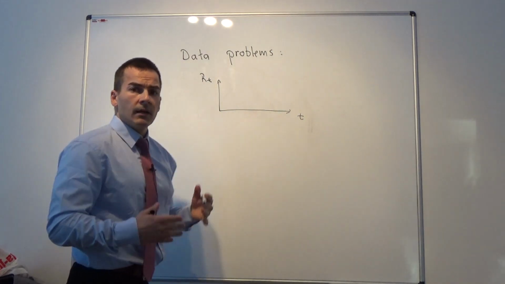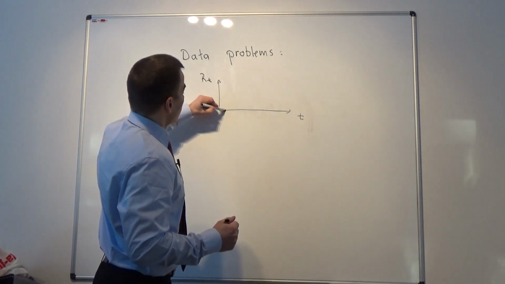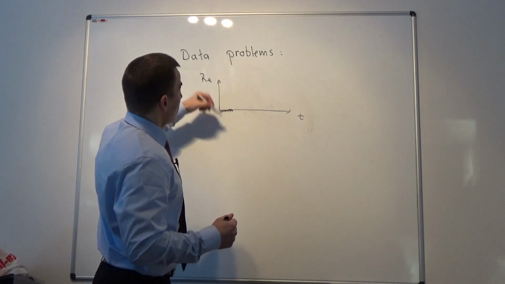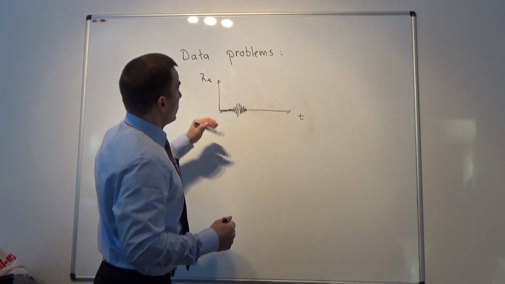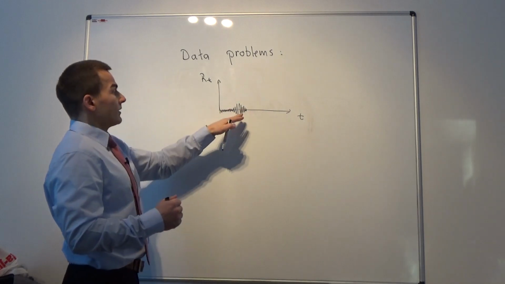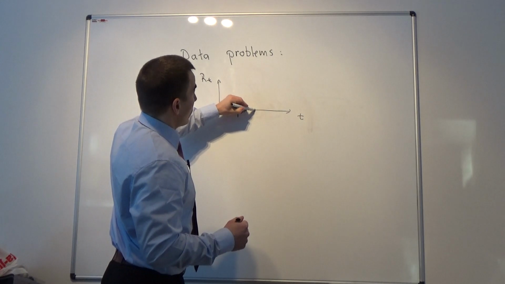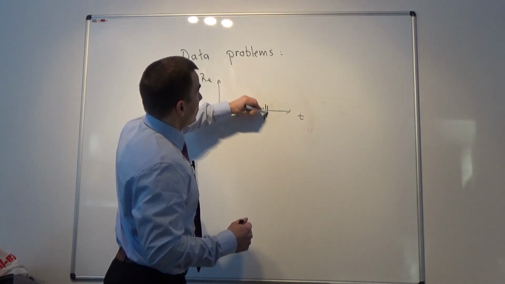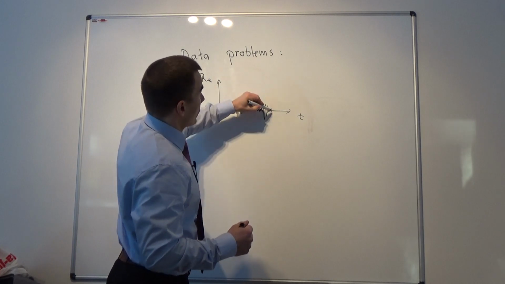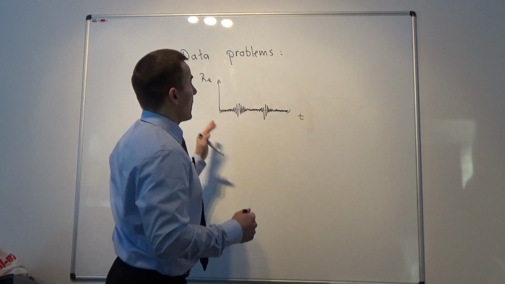What we often see in finance is that the return distribution looks like this. We have a low volatility, and then all of a sudden we have a state or a regime where the volatility is very high. Then again, it goes back to normal levels, or what is normal? It goes back to lower levels, and then at some point we see again a higher volatility. And then it goes back to lower levels of volatility over a certain time period.